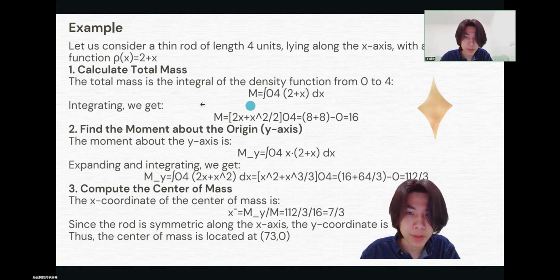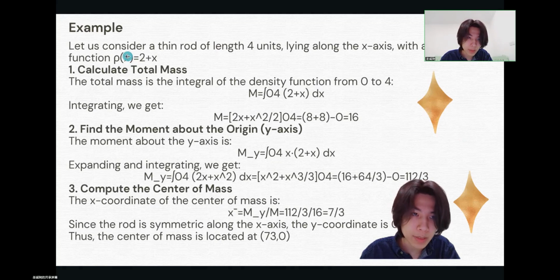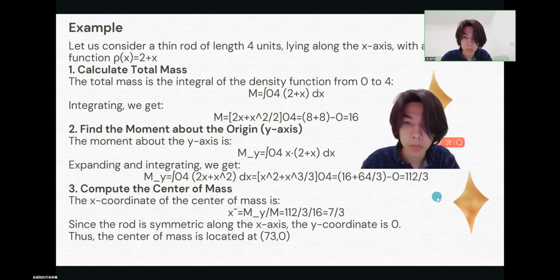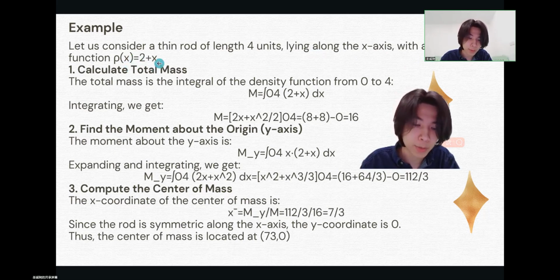Let's look at an example. Let's consider a thin rod of length 4 units lying along the x-axis with a mass density function rho of x equals 2 plus x.